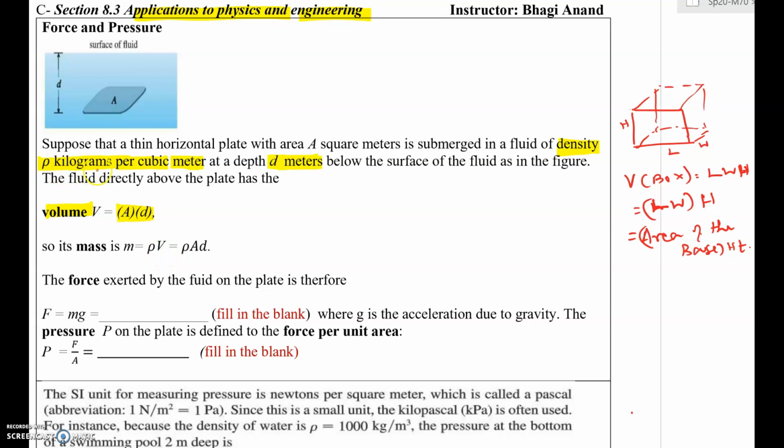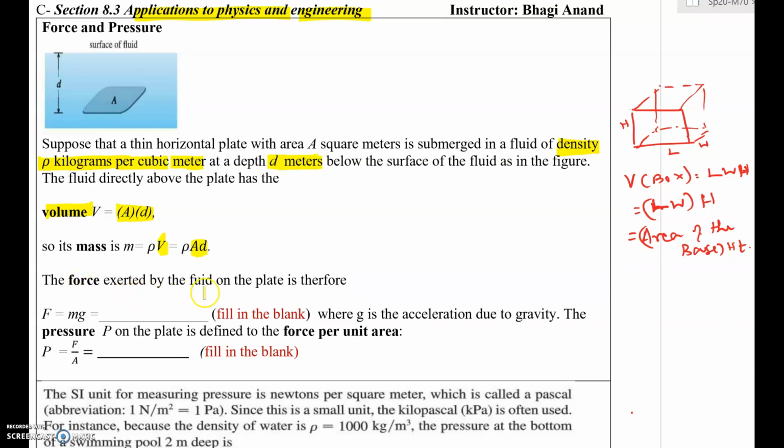The density is given to be rho kilograms per cubic meter, so rho times V. But V from the previous step is A times D, so mass becomes rho times A times D. Rho is the density measured in kilograms per cubic meter, A is the area of the plate, and D is the depth of the liquid.